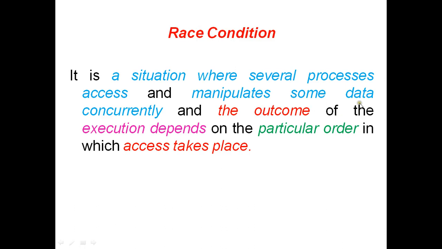The outcome of the execution depends on the particular order in which the access takes place. So in order to avoid this, there should be synchronization between your producer and consumer.